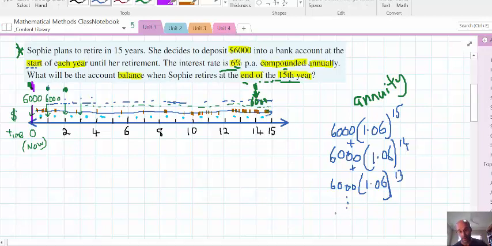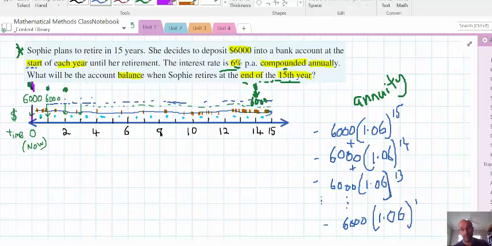And now what will that investment look like? Because it'll be the end of this sequence. It's a sequence, they're terms in a sequence, and there's a bunch of terms in there. The final one will be 6,000 times 1.06 to the 1. You can see that on the timeline, the money line: it's got a year to go.